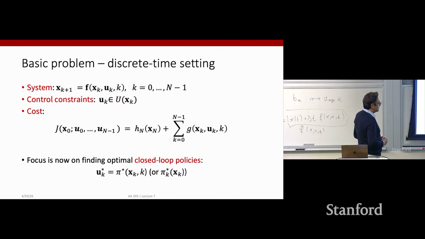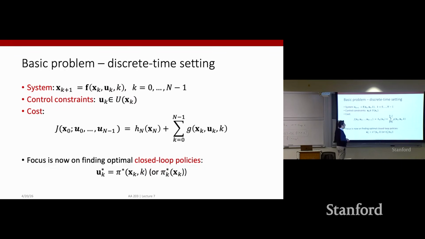Then we have the cost function. So the cost function structure is the same as what we had for the continuous time optimal control problem. It has an additive form, so there is a term that sums up the stage-wise contribution to the cost. So this is the cost that you pay at time k if you're in state x_k and you use control u_k.